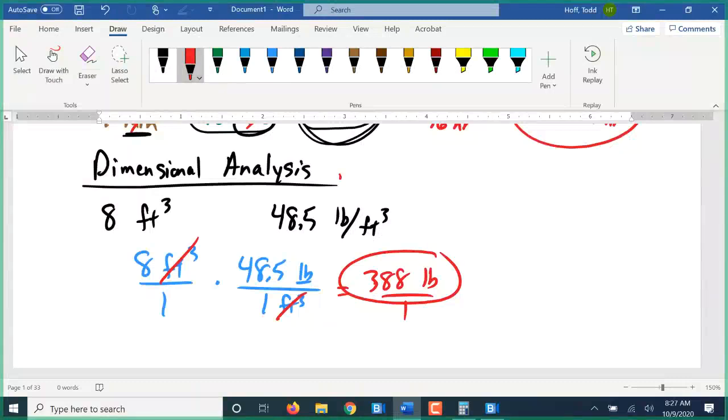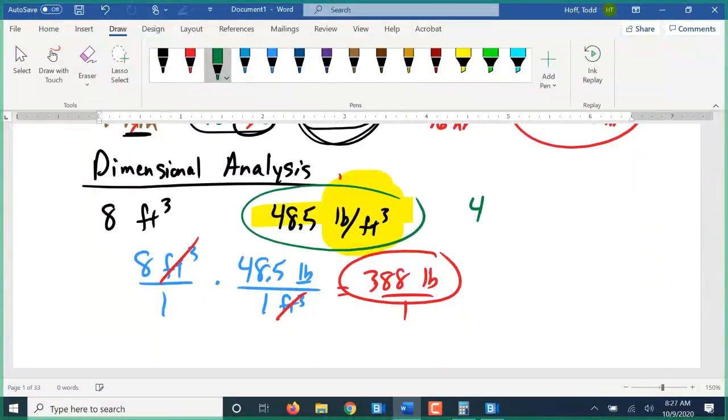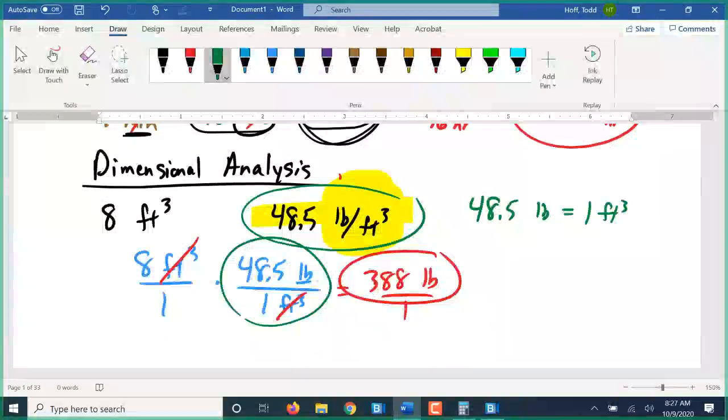So we get 388 pounds. Any rate, and by rate I mean the units that are actually 2 units that are divided, can be used as a conversion factor. This is basically saying that 48.5 pounds is equivalent to 1 cubic foot. So we could use that as a conversion factor to convert cubic feet into pounds.